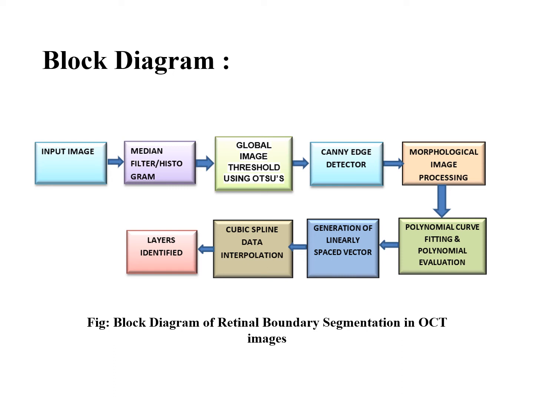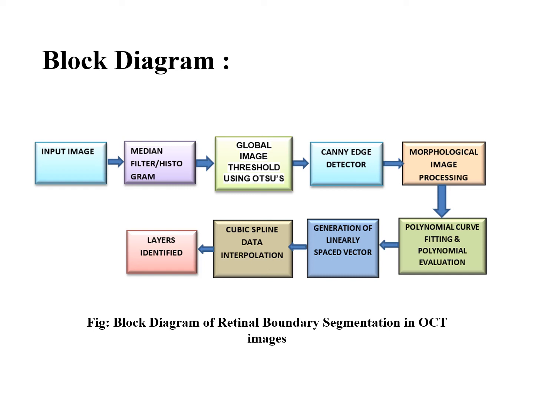These vectors are interpolated by means of cubic spline data interpolation for the corresponding boundary points and return a piecewise polynomial structure having final layers divided by the colored lines.